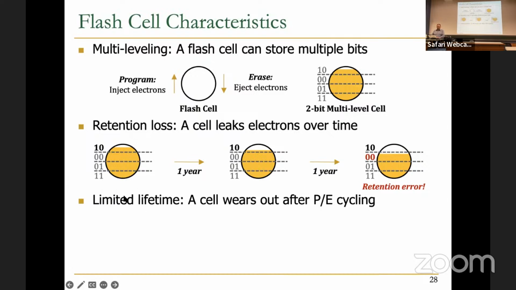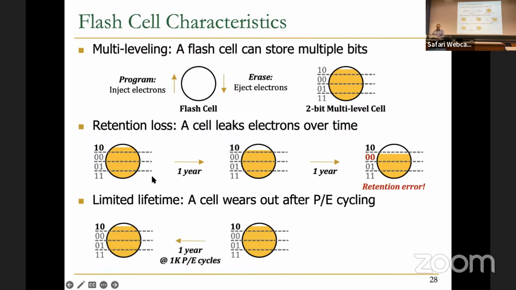The thing is that this P/E cycle, like the program-erase cycle, can cause limited lifetime. And it can make this retention error worse. For example, if this is the initial state, after 1 year, assuming you have around 1,000 PE cycles, you can get this charge level, meaning that you can still read from flash memory correctly.